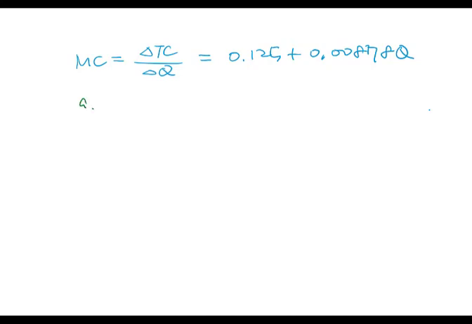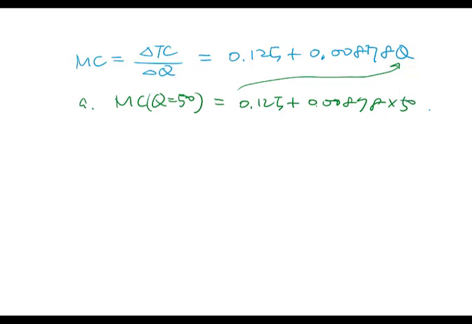So for answering question A, you can simply plug in Q equal 50 to the marginal cost function. Then you calculate these numbers and find the marginal cost at Q equal 50, the incremental cost when output increases from 50 to 51. You'll find that the incremental cost will be about 56 cents.